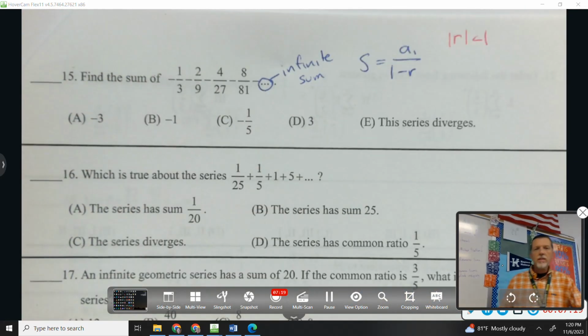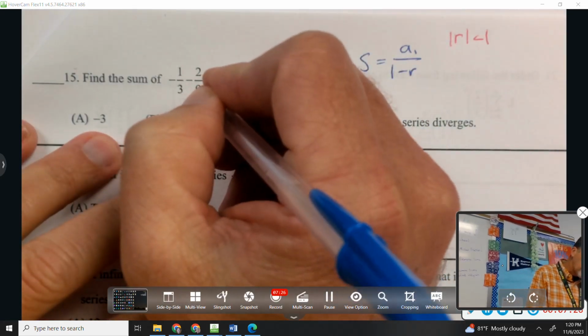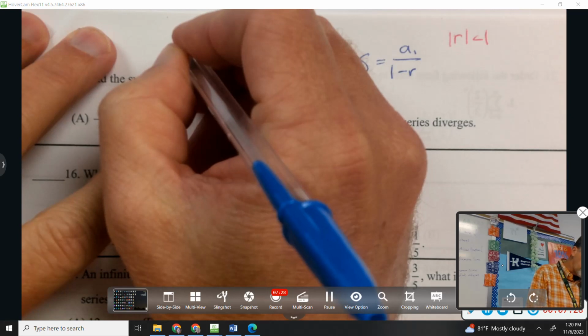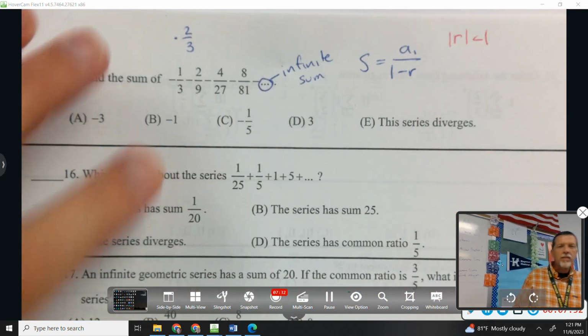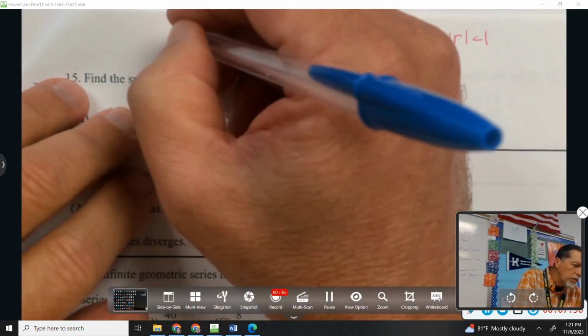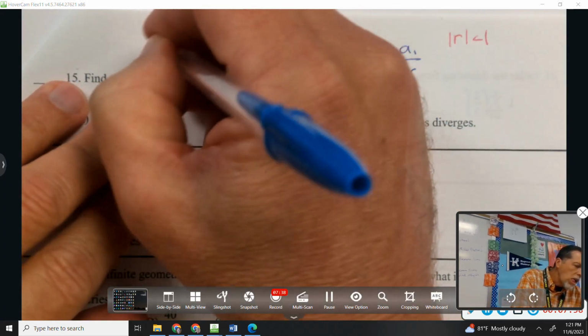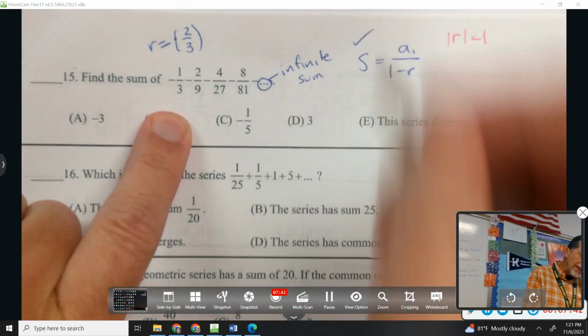So let's see. To get from 1/3 to 2/9, we're multiplying the top by 2 and the bottom by 3. That's easy enough each time. So there's my r. R is 2/3, which is less than 1. So we're eligible to use the formula.